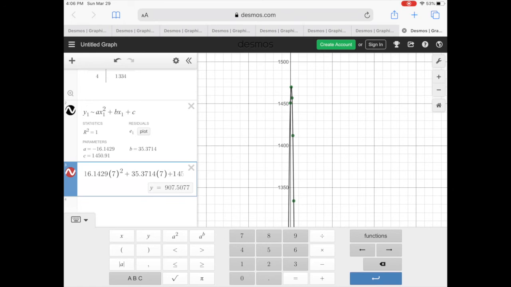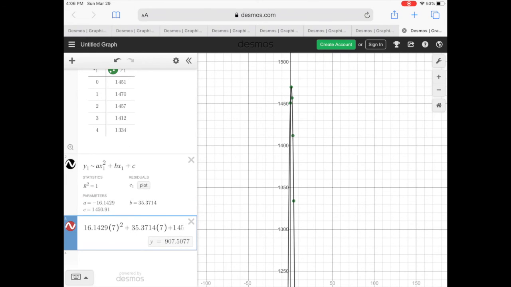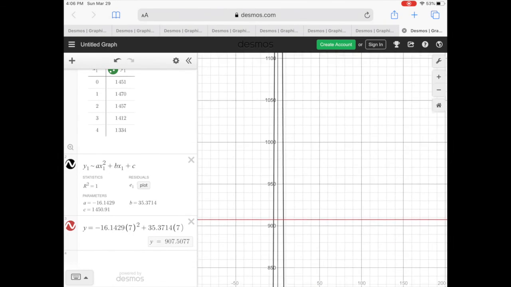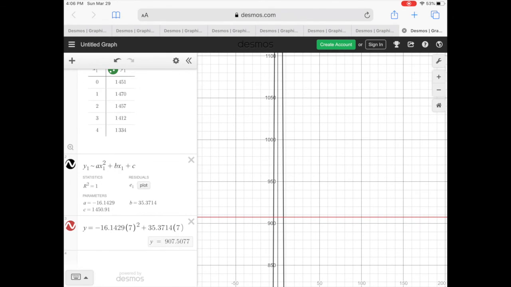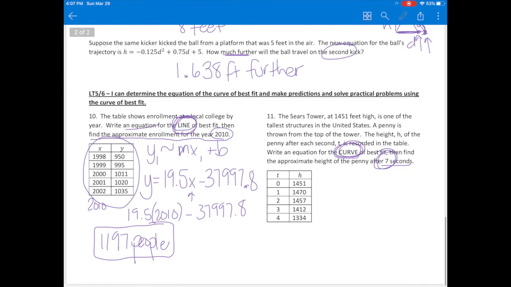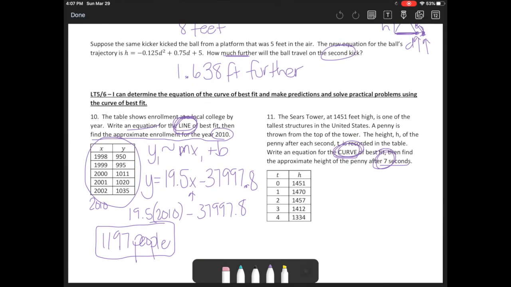The question was the height of the penny after 7 seconds. 907 feet. Yeah, about 900, there you go, 907.5, they rounded it. I'm just going to say about 907 feet.